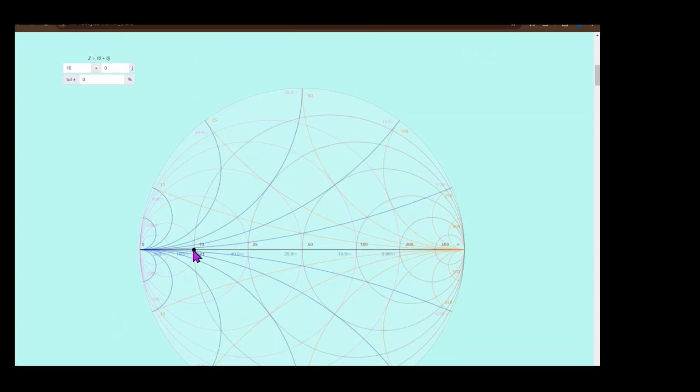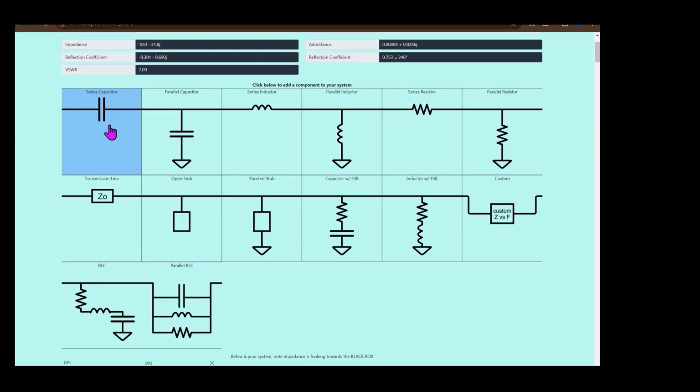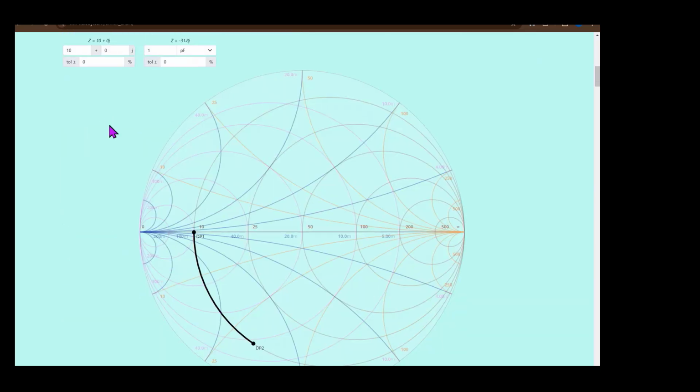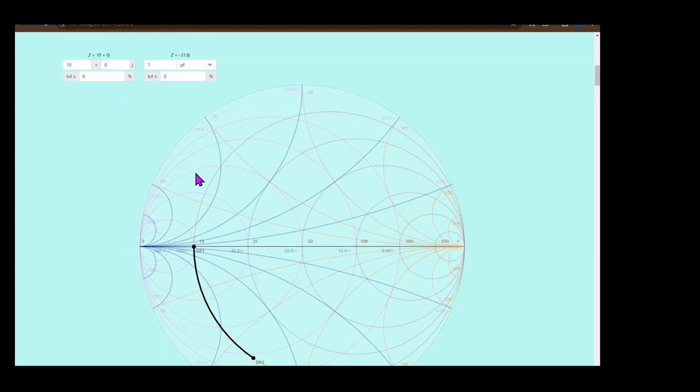So if I want to match to 50, I need to go in this direction, so I can either use a series inductor or series cap. So the cap is going to move down on a line of constant conductance, sorry. Oops. Bigger series cap.